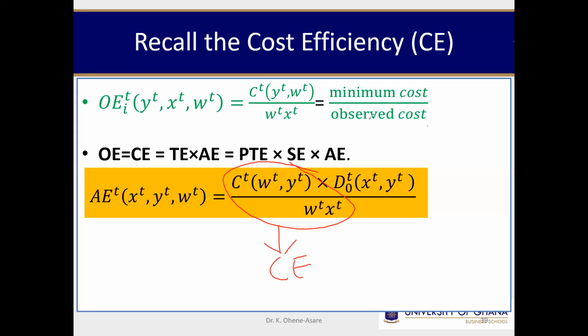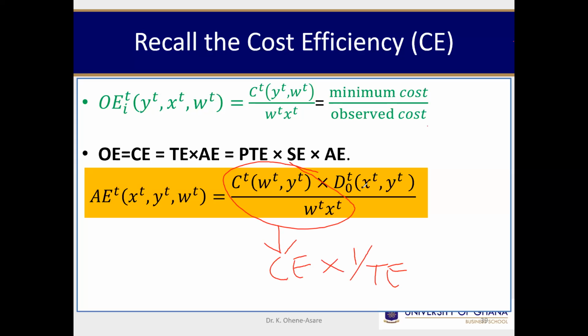And this is multiplying something called what? The reciprocal of the technical efficiency. Watch. Now, this D that you are seeing here is 1 over T, the reciprocal of the technical. Do you know that?